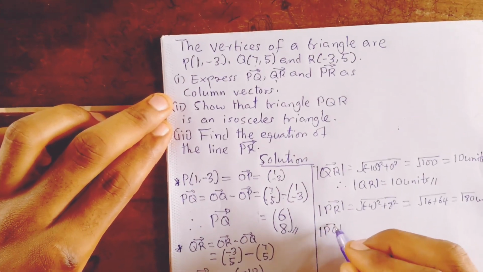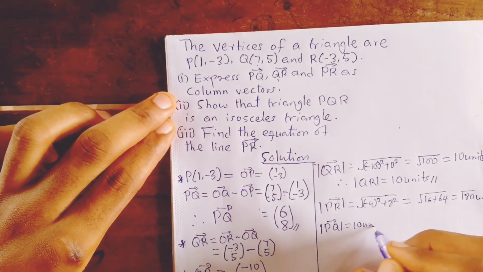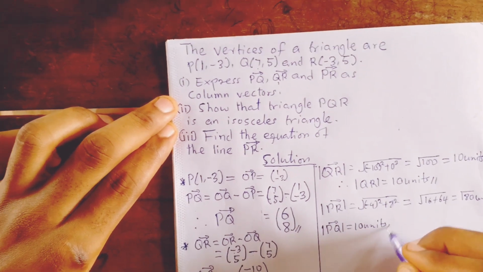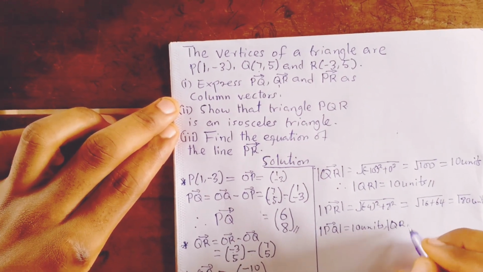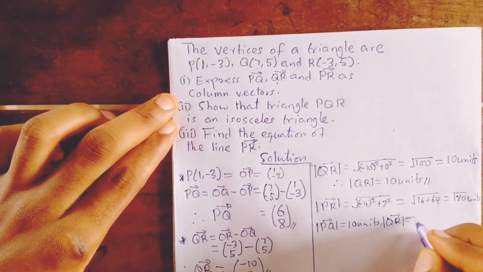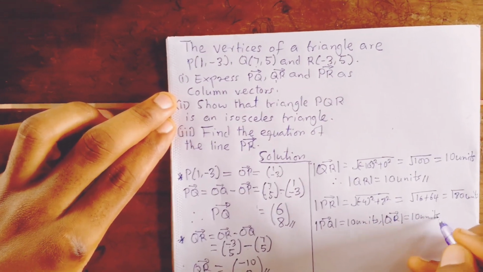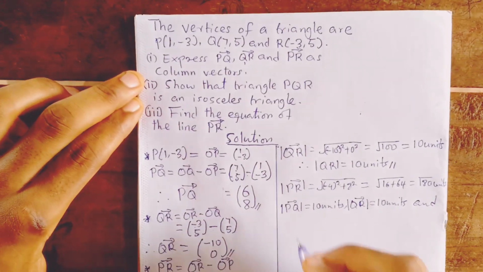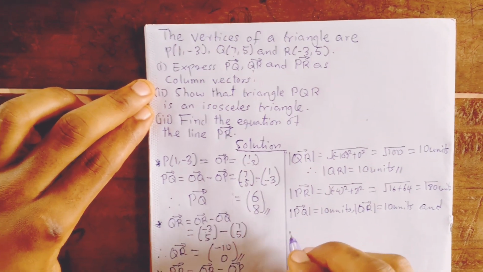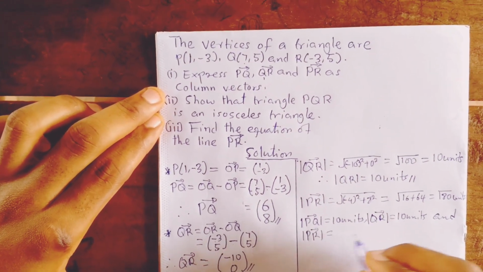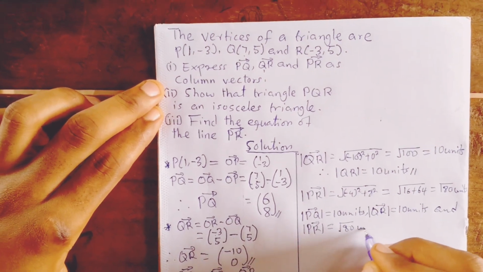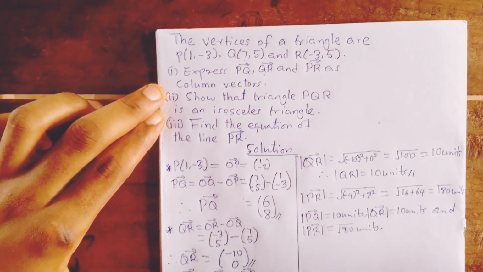PQ is equal to 10 units, the magnitude of QR also is equal to 10 units, and PR is equal to the root of 80 units. So what does it mean?